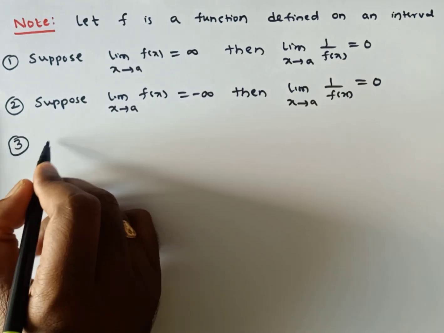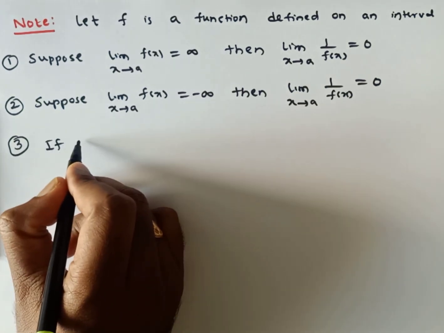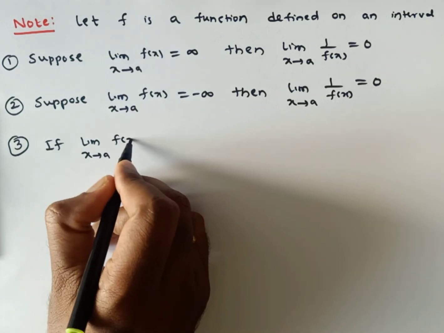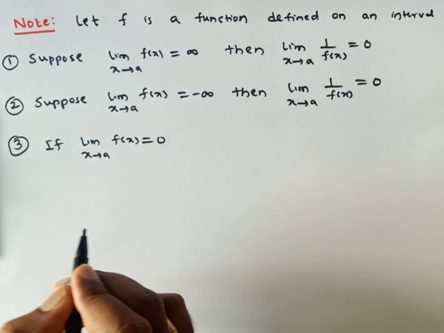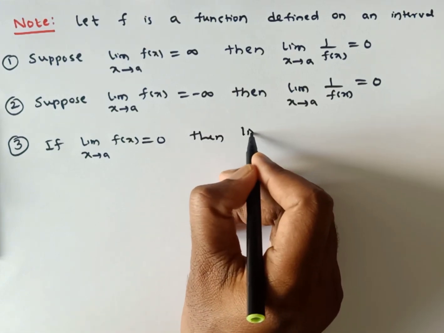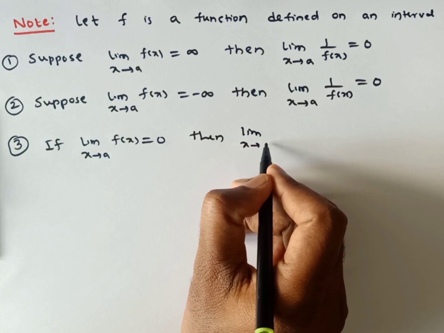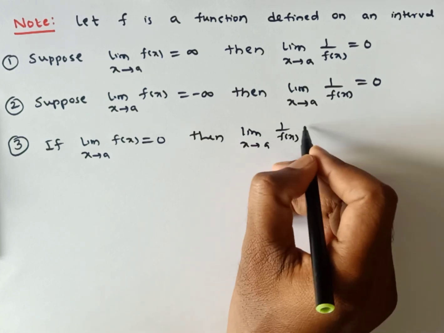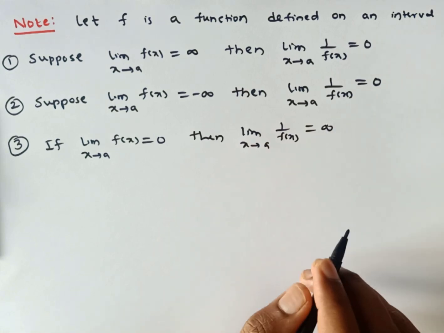Now, the third one: if limit x tends to a of f of x is 0, then limit x tends to a of 1/f of x is infinity.